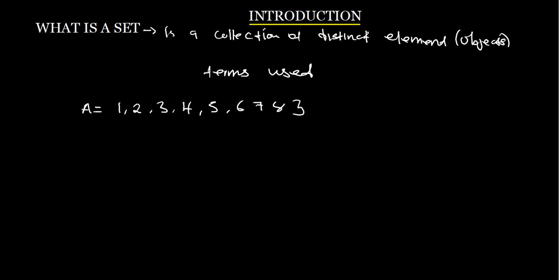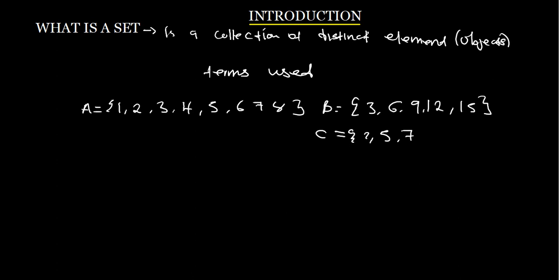So this is set A. Then set B we have 3, 6, 9, 12, 15. Then set C as well we have 2, 5, 7.